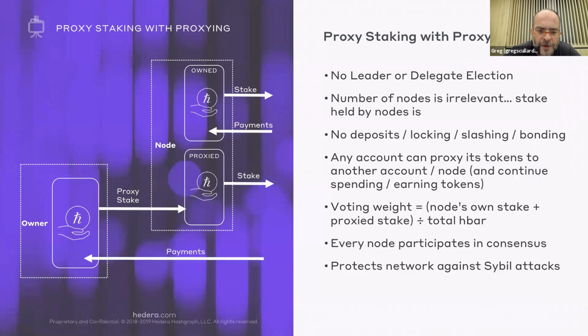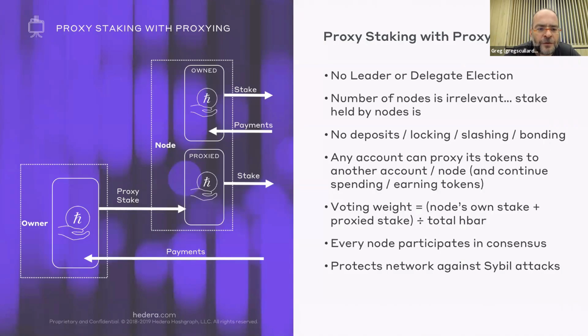So every node participates in consensus, and the staking model protects the network against Sybil attacks. As I said earlier, if the owner of that particular node was to create another node, in order for that node to vote effectively in consensus, it would have to have some stake.